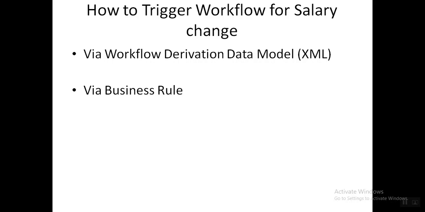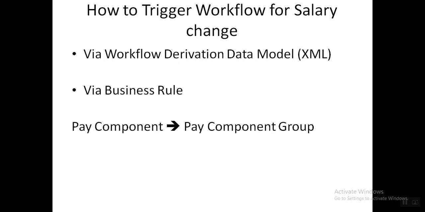That is the best practice as suggested by SAP SuccessFactors. So here we need to create one pay component group first. We need to associate our pay component into that group, and then based on the pay component group we need to trigger our workflow trigger rule.